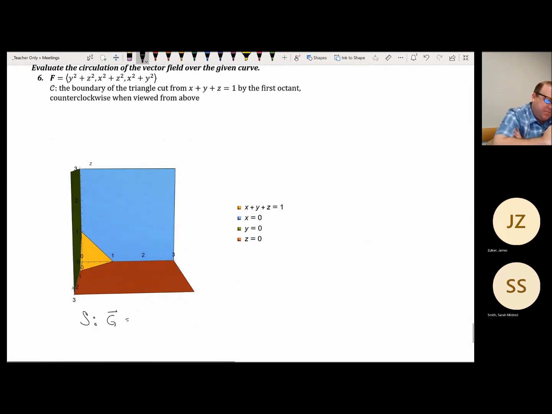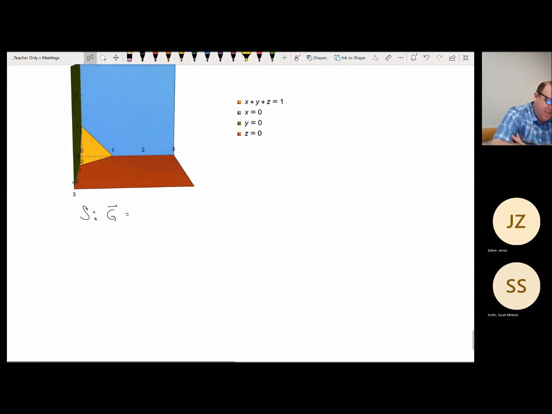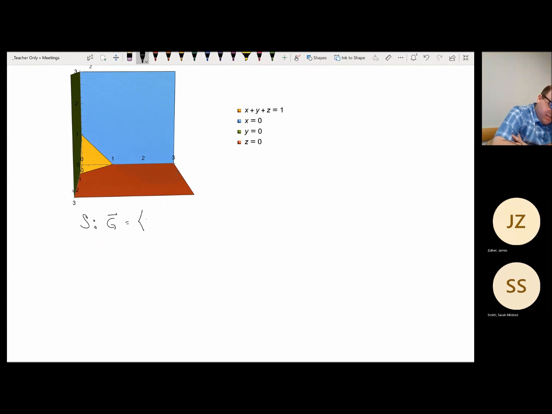Well, this plane has equation z equals 1 minus x minus y. We can write the surface as z equals a function g of x, y. So I'm going to use that as my parameterization.